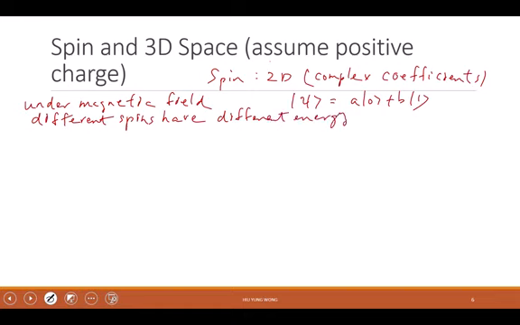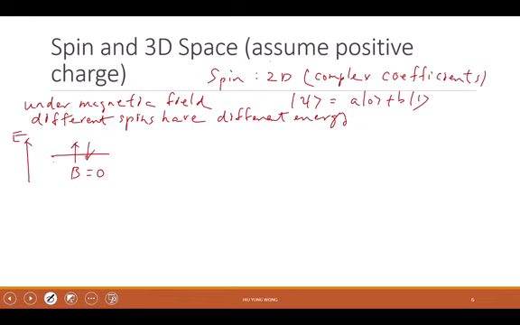For example, if this is an energy scale E, when there is no magnetic field, B equals 0, whether you are spin up or spin down, they are the same. You cannot distinguish them, right?